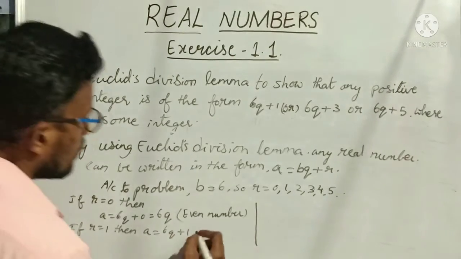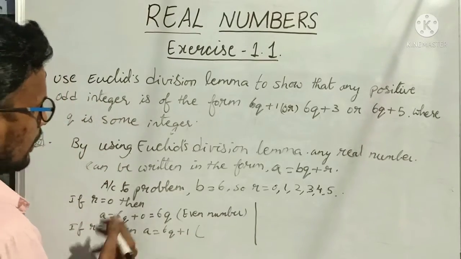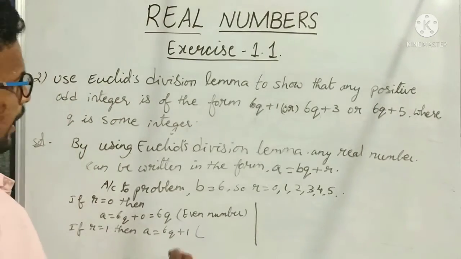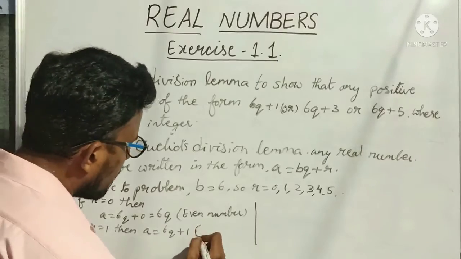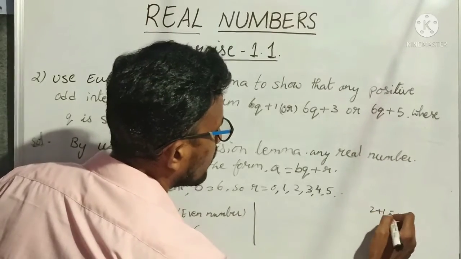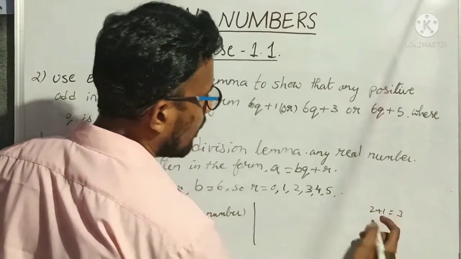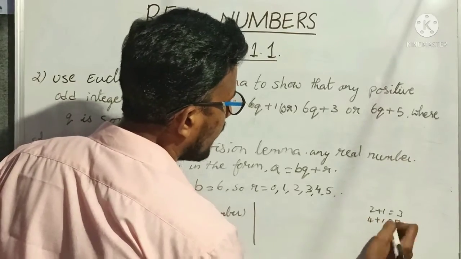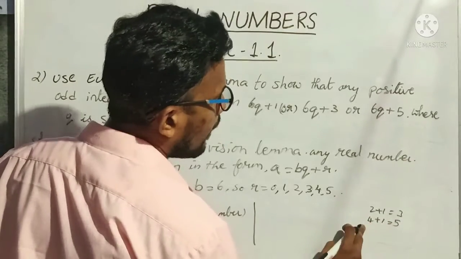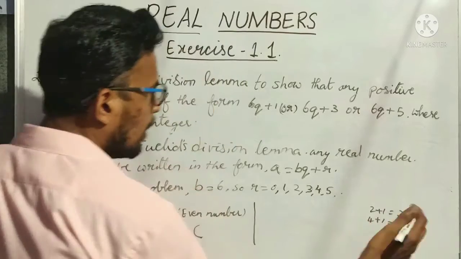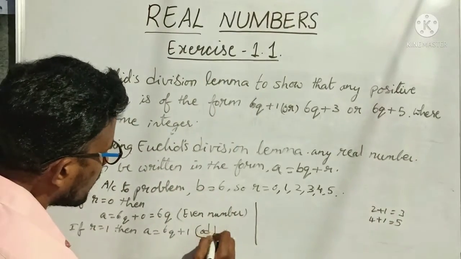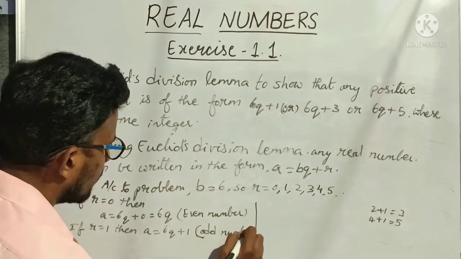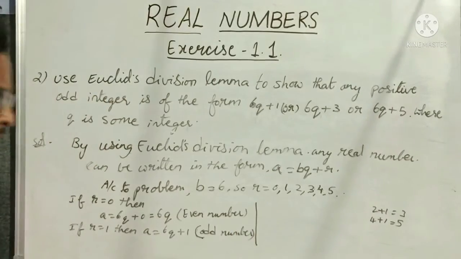If we add 1 to an even number, then we will get an odd number, right? See here, 2 plus 1 is 3, and 3 is an odd number. 4 plus 1 is 5. If I add 1 to any even number, then what am I getting? Odd number. That's why 6q plus 1 is an odd number. Clear?